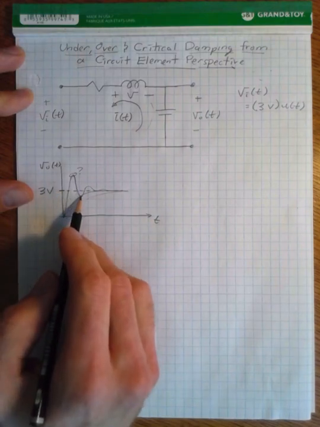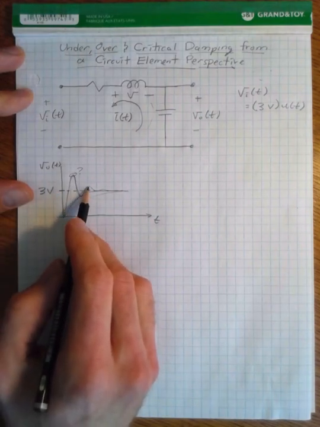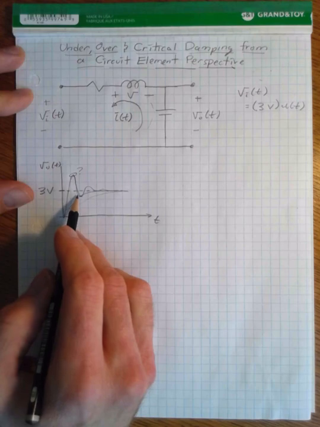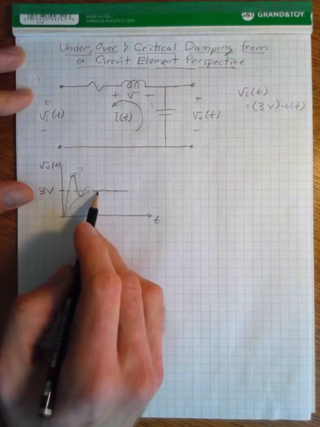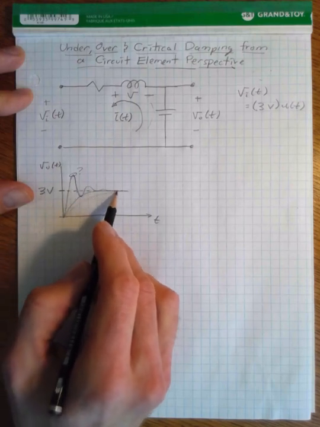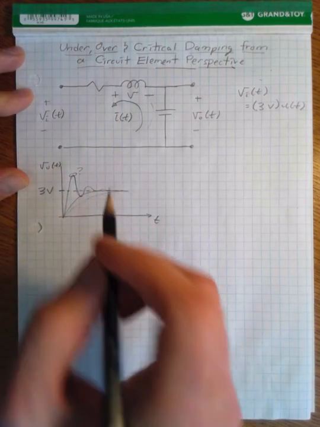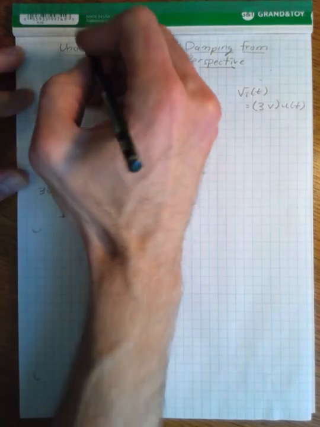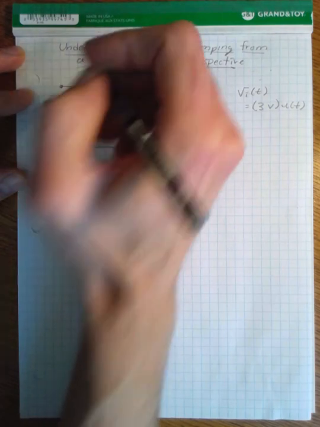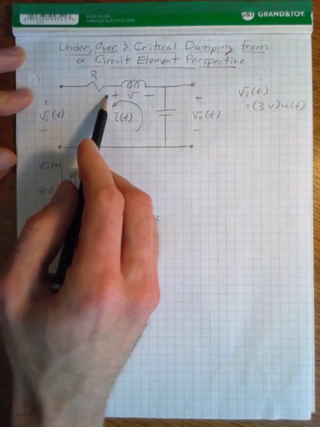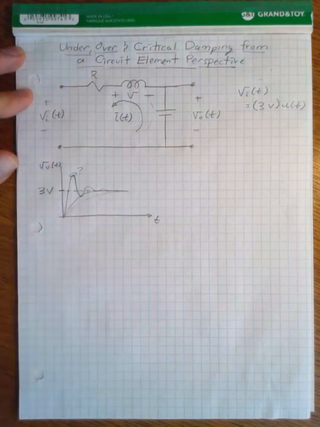The question is, though, how come, when we looked at the underdamped case, we saw that the amplitude of these oscillations gradually got smaller and smaller and smaller until they leveled off? The culprit there is the resistor R. Every time we push current through a resistor, it dissipates energy in the form of heat.